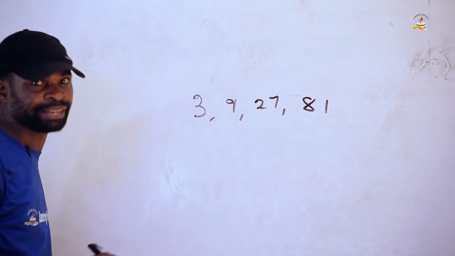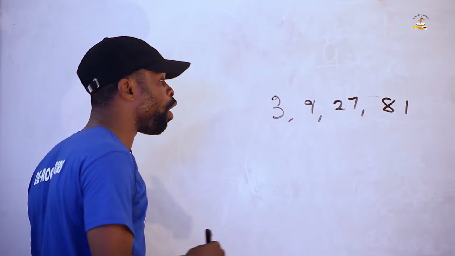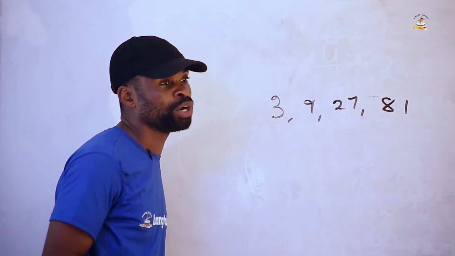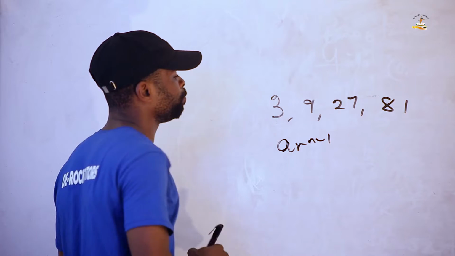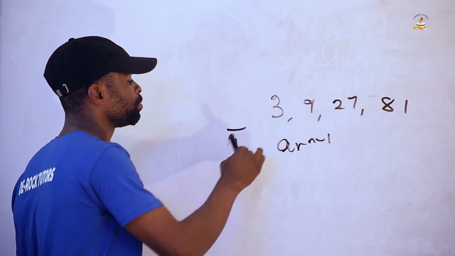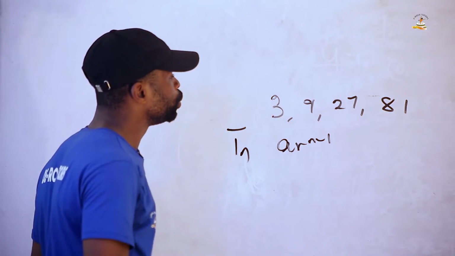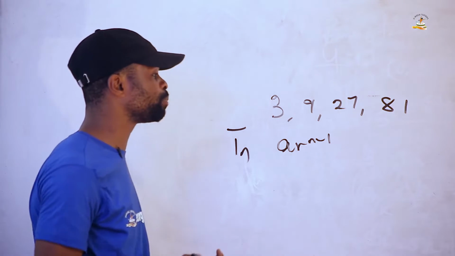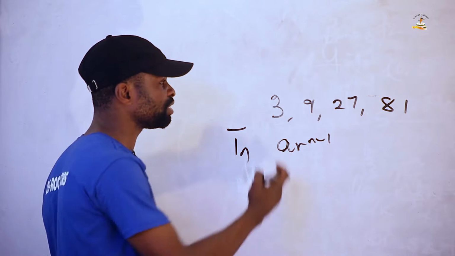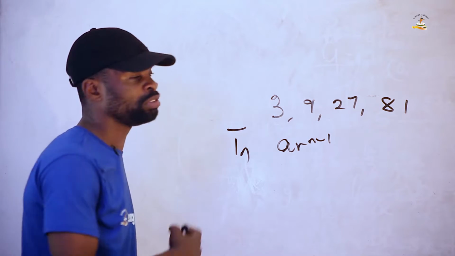The general term, or the nth term, of a geometric progression is given as a r raised to power n minus 1. And if you look at this one, you will see that it is not an arithmetic progression because it doesn't have a common difference.